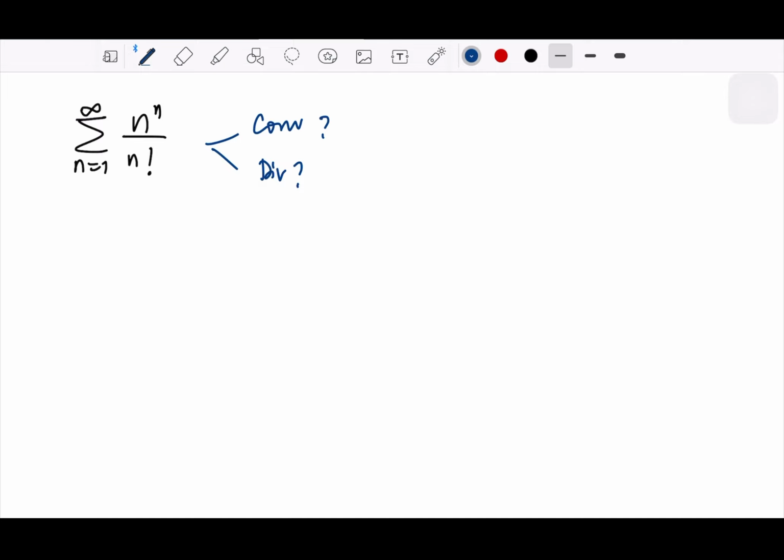In a shortcut, this factorial here usually makes it obvious that you are using the ratio test. Whenever you test convergence and you see any factorial, most of the time the ratio test will work. So let's check with the ratio test.